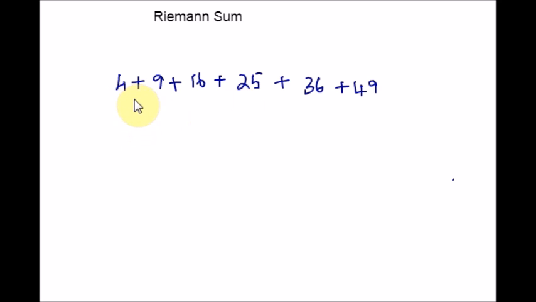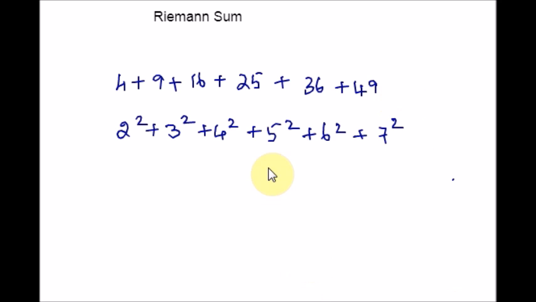So 4 can be written as 2 square, 9 as 3 square, 16 as 4 square, 25 as 5 square, in the same way 6 square and 7 square. So we are adding together the squares starting from the second square to the 7th. Therefore, this can be written in the summation notation. Does this make sense to you? j starts from 2 and ends at 7 and the expression is the sum of the squares.